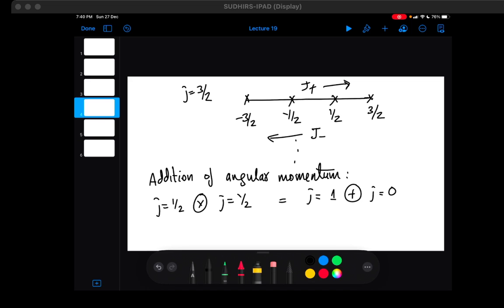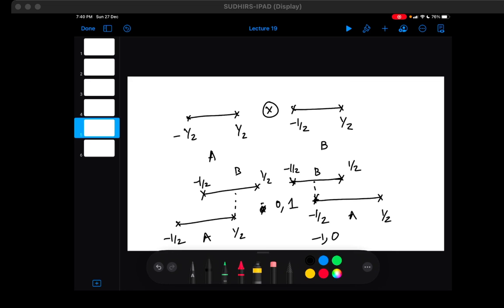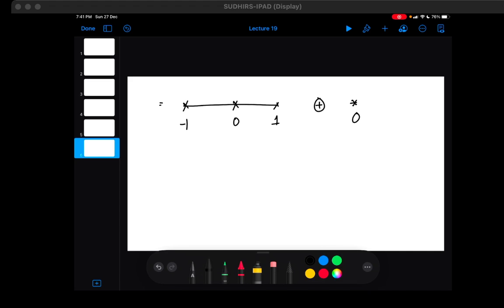Okay, whatever I have shown is the simple relation that if you have two spin half, you will always end up with one spin one particle and one spinless particle. So this is what I have shown, but this also can be done graphically in the procedure I have shown.